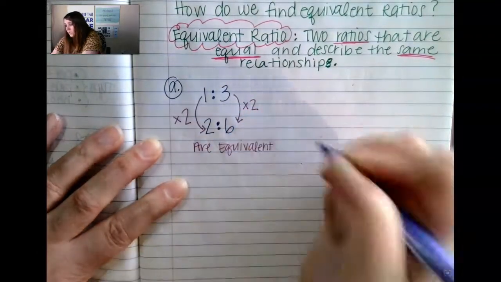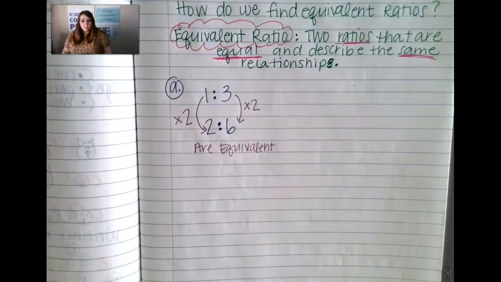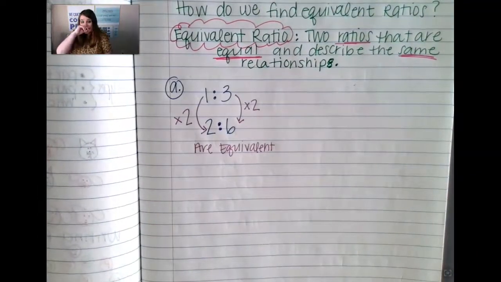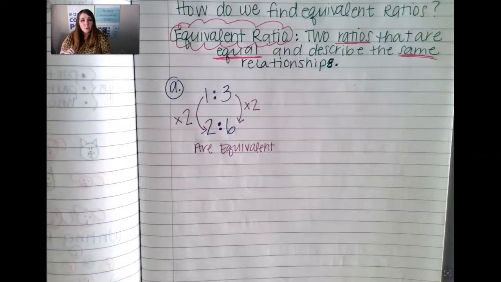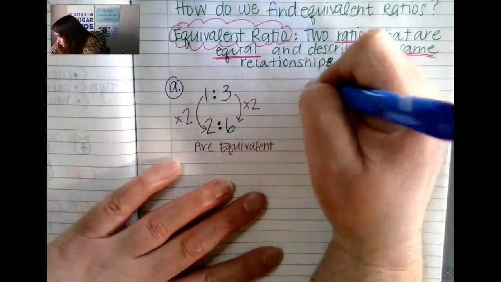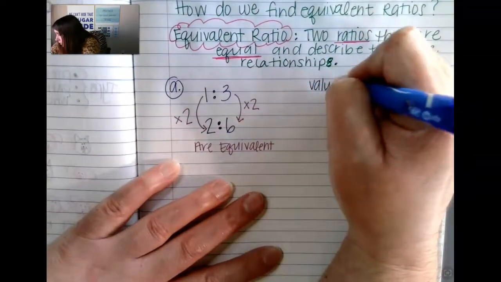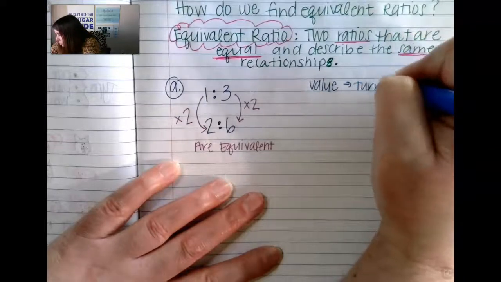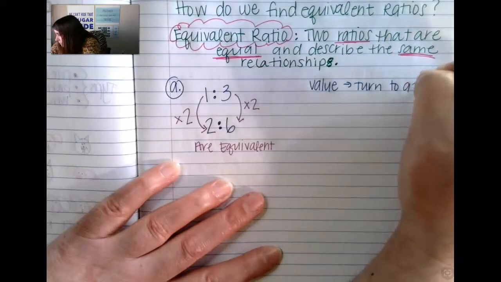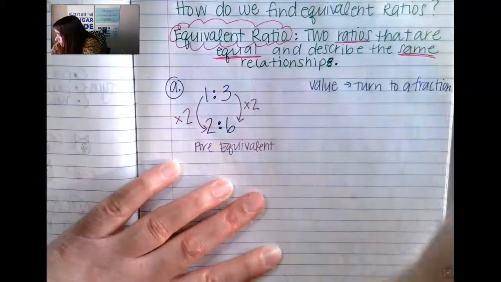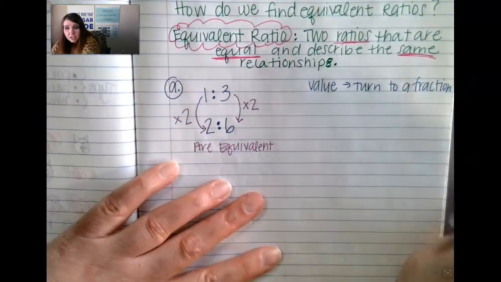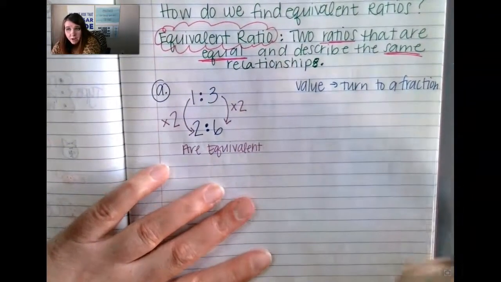Okay, we can also set this up so we look at the value of the ratio. The value of the ratio is when you just turn it into a fraction. Okay, and we know how to do fractions. So if we turn it into a fraction, that gives the ratio a value.